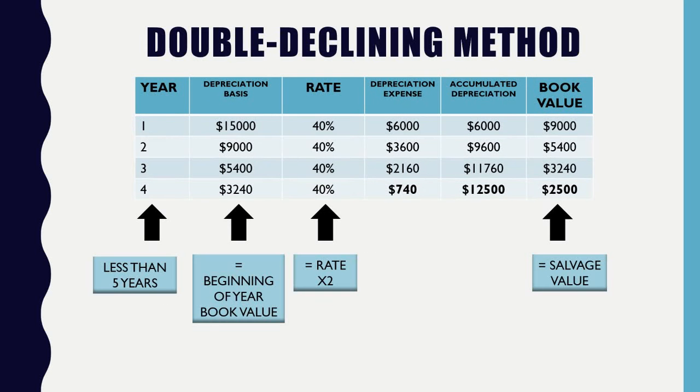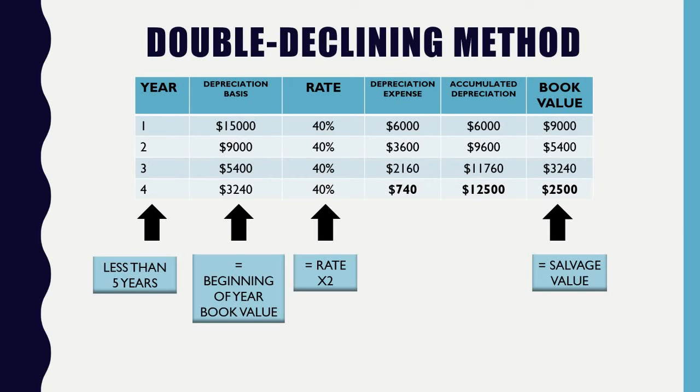So once again, the estimated useful life doesn't have to be 5 years. It could be more than 5 years or less than 5 years. We just don't know. What you're going to notice is that your depreciation basis is solely based on whatever you solved for your book value.